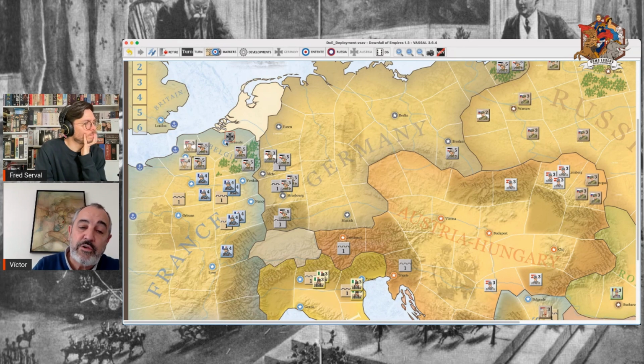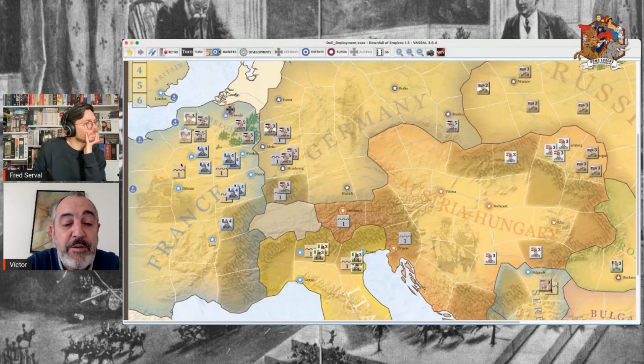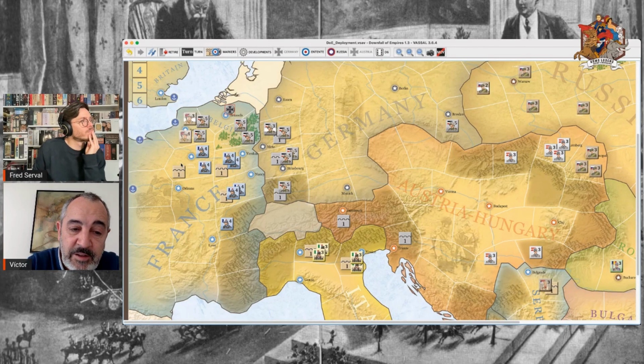Then I have activated 3 armies and finished my activation, but I have to make the attacks. As you see, because you have not put reinforcements or a trench in Amiens, I have made a race to the sea, as historically.